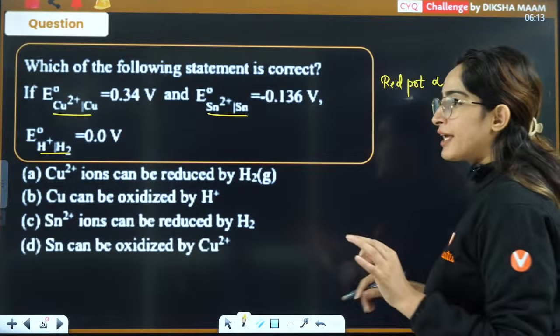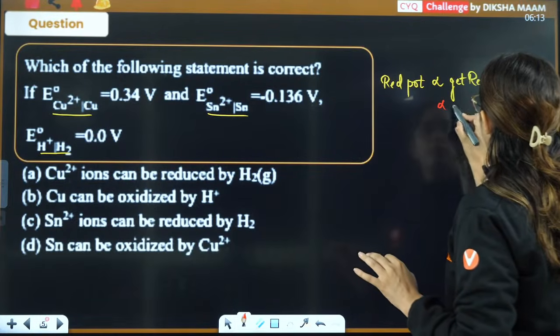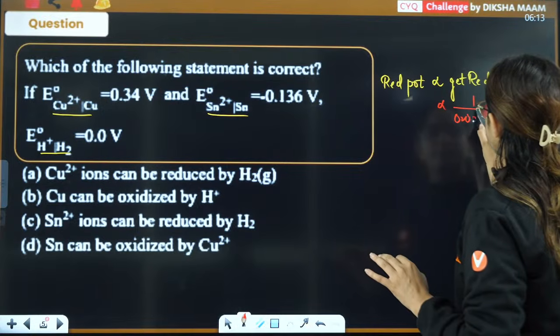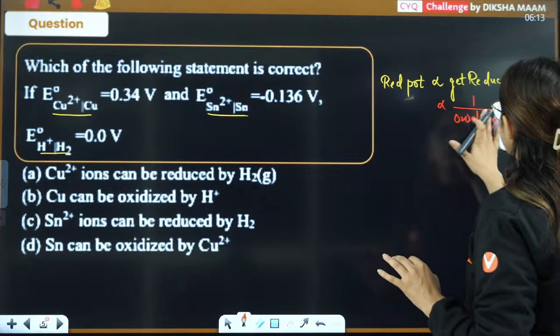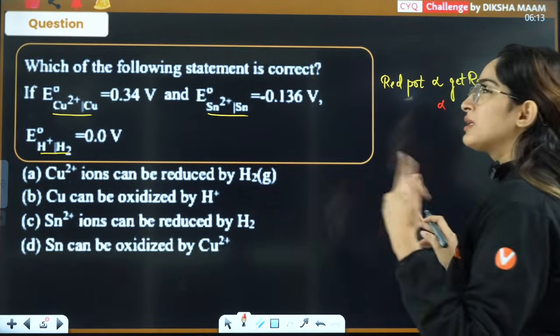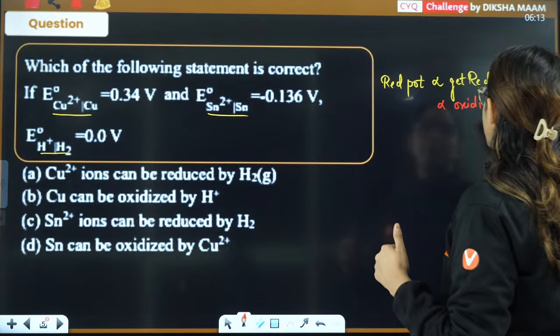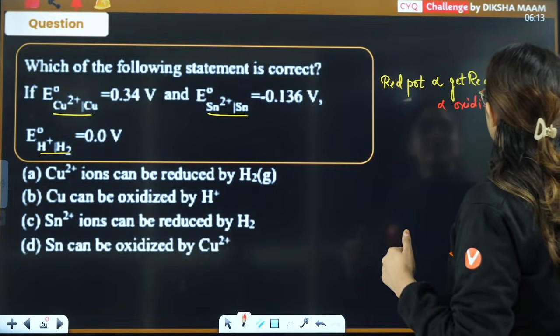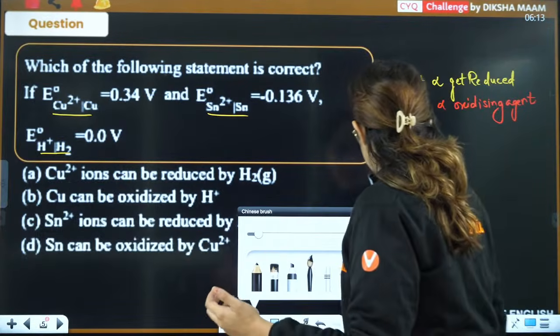That means that thing will be at the cathode. And lesser is the oxidizing power. No, more the reduction potential, more will be the oxidizing power. Because someone is getting reduced easily, then they can easily oxidize something. They have a very good oxidizing power.